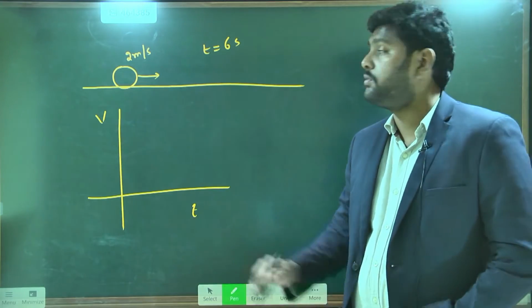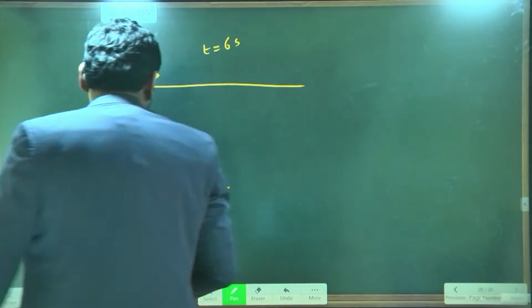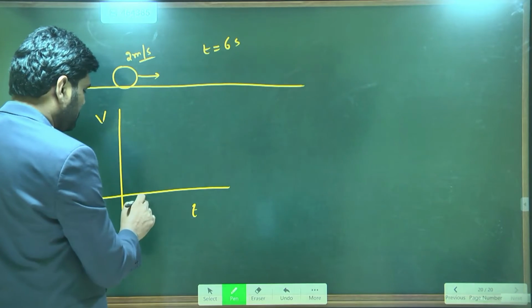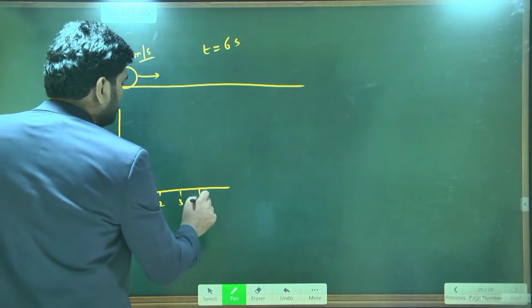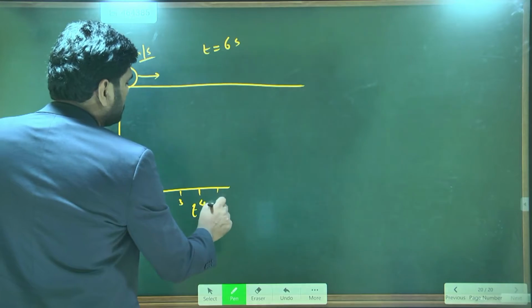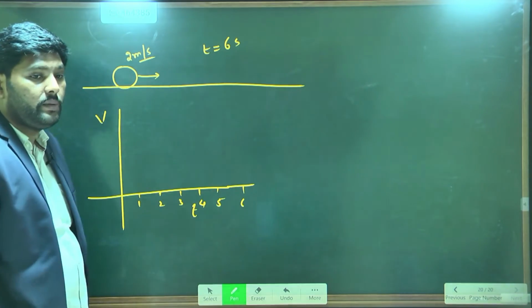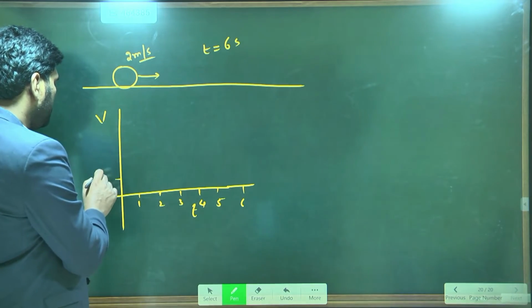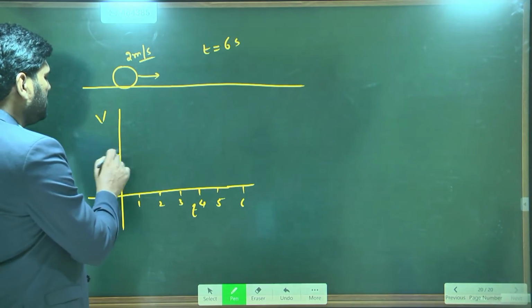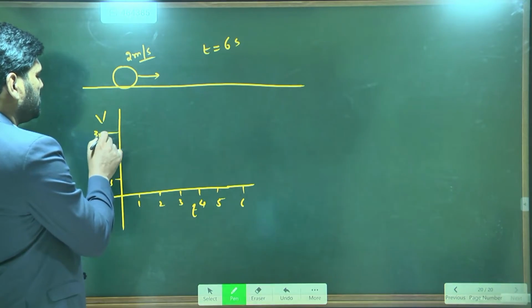Initially it's starting from 2 meters per second. You can take here: this is 1 second, this is 2 seconds, this is 3 seconds, this is 4, likewise 5, this is 6. On the y-axis you can take 1 meter per second, 2 meters per second, 3 meters per second.